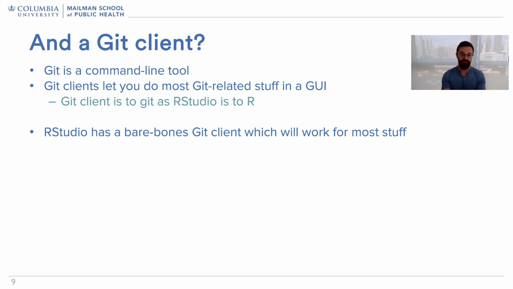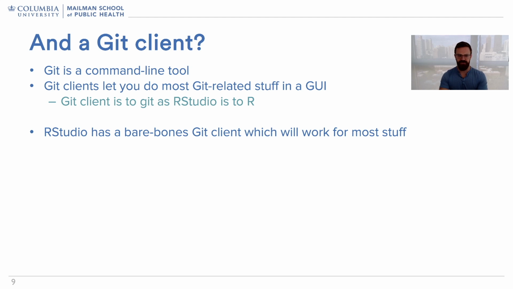And RStudio has one of those user interfaces built in. We'll see in the screencast in a couple of moments, the RStudio Git client is going to allow us to do the majority of the things that we need to do with Git, all within the RStudio integrated development environment, the IDE.